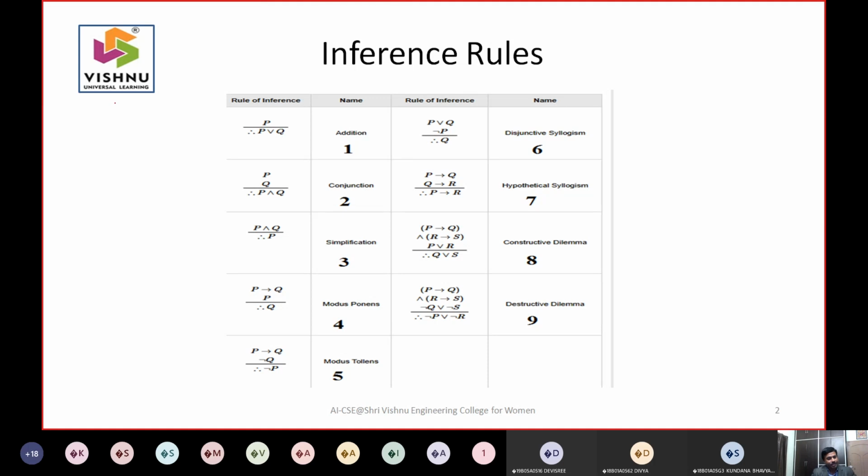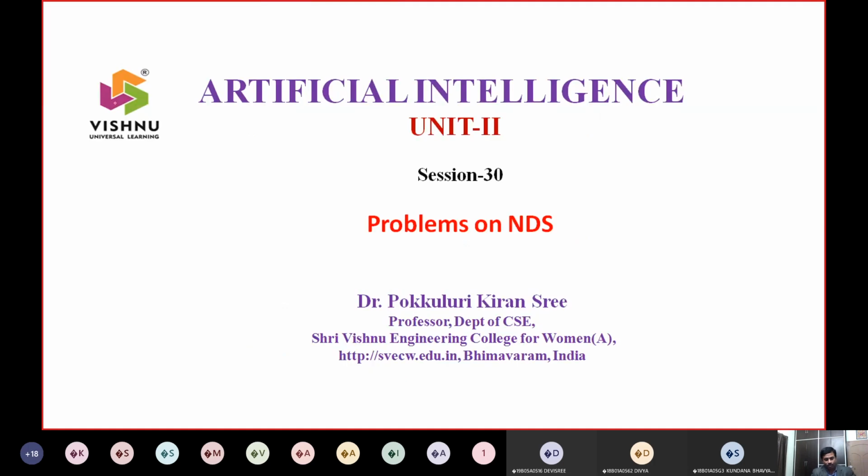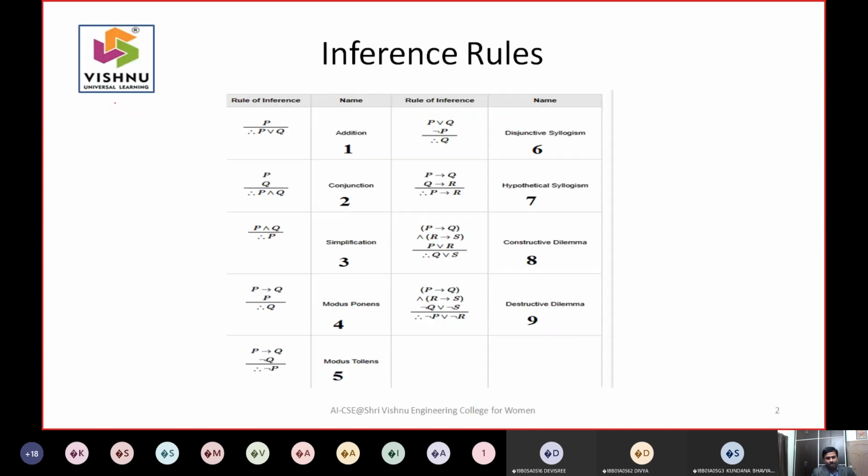What I have done in this class is, particularly this class was asked to revise the problems that we have done in the earlier classes. So as far as that instruction is concerned, I have taken some problems in natural deduction system. Natural deduction system, I said, is a flexible system which allows all the symbols, and it is governed by these 9 rules.